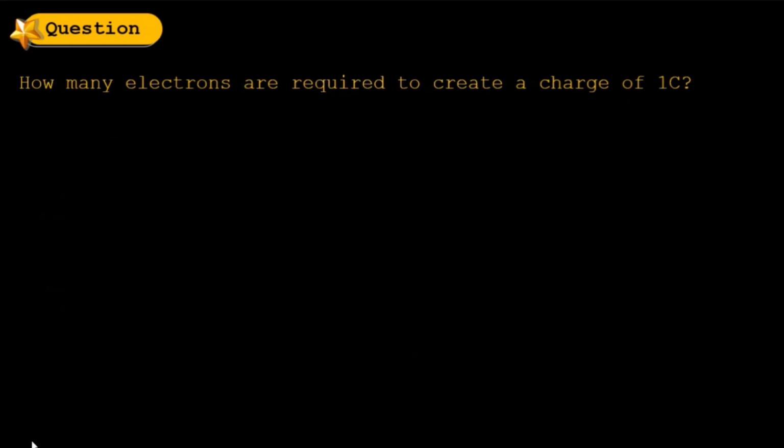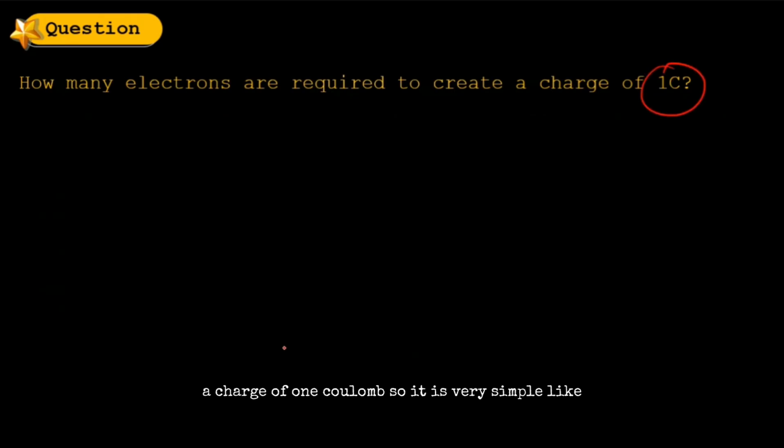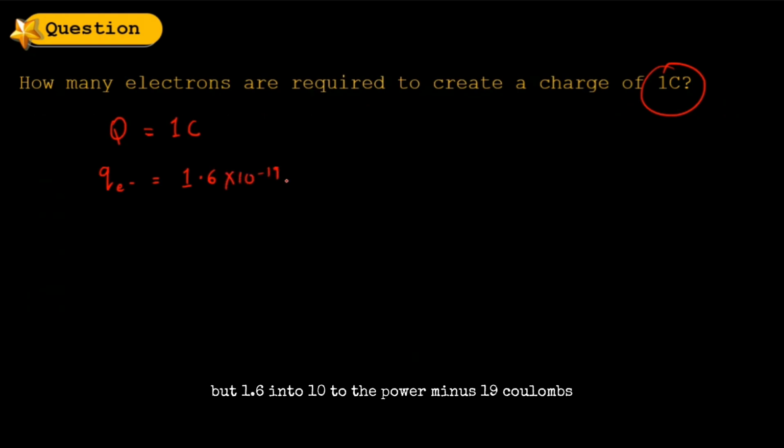Let's move ahead. Now this is one such important question. The question says: how many electrons are required to create a charge of 1 coulomb? It is very simple. We are given that the total charge we need to have is 1 coulomb. Also, we know that the charge of one electron is nothing but 1.6 times 10 to the power minus 19 coulombs.